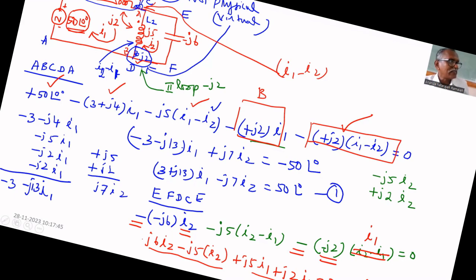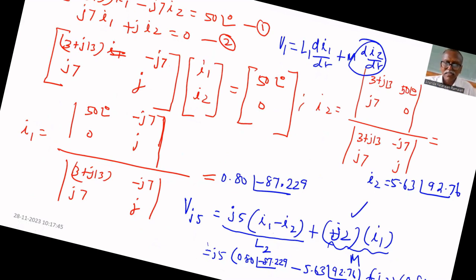Yes, what you are saying is correct. J5 and J2 are in parallel with J6. That's why you can find it this way also: VJ5 also equals minus J6 multiplied by I2 only.